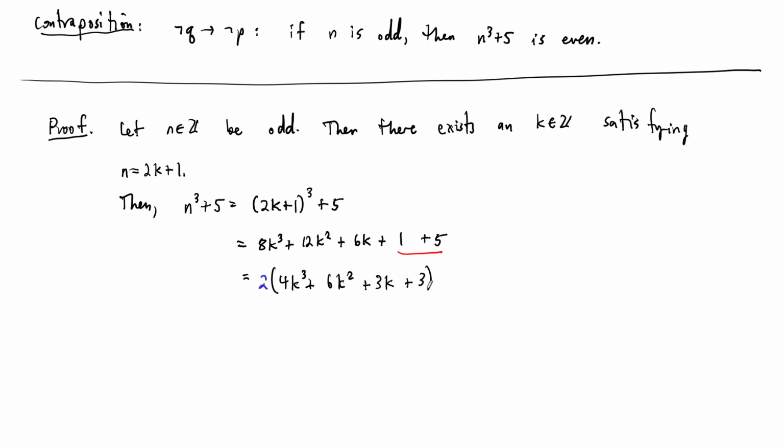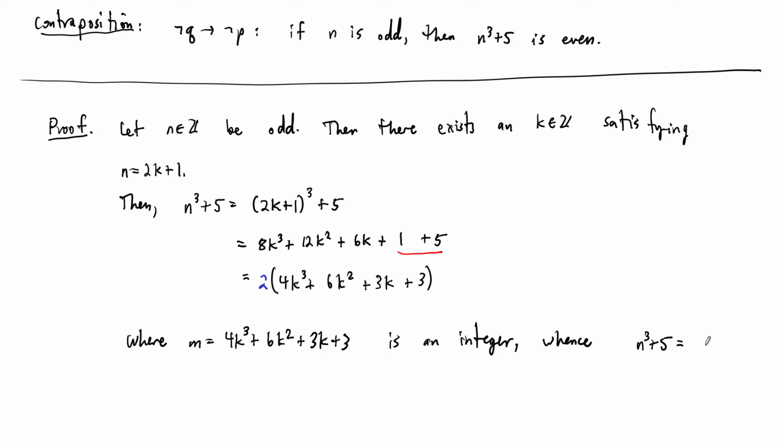And as usual, this number, let's call it m, is equal to 4k cubed plus 6k squared plus 3k plus 3. This number is an integer. We've used this fact a few times now, but integers are closed under multiplication, addition, and subtraction. So this is an integer, and what do we conclude? Whence, n cubed plus 5 is equal to 2m.